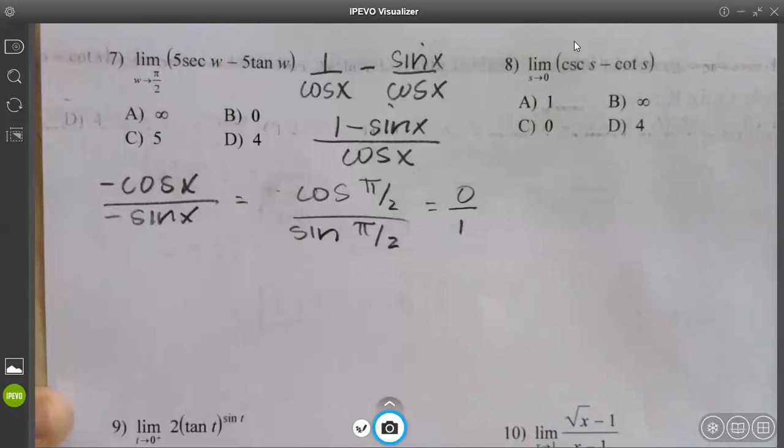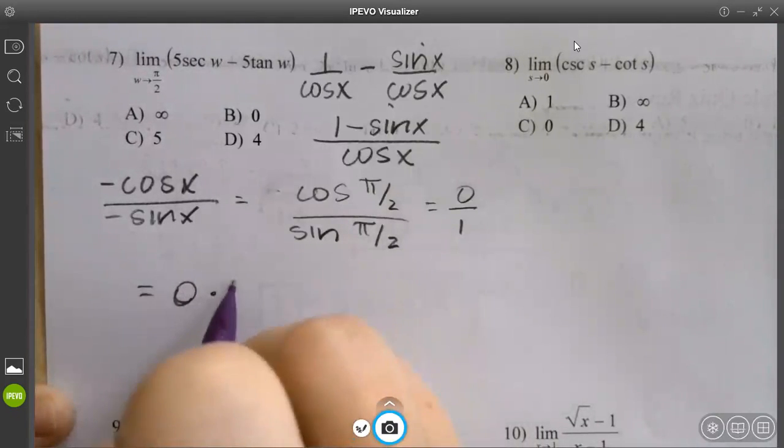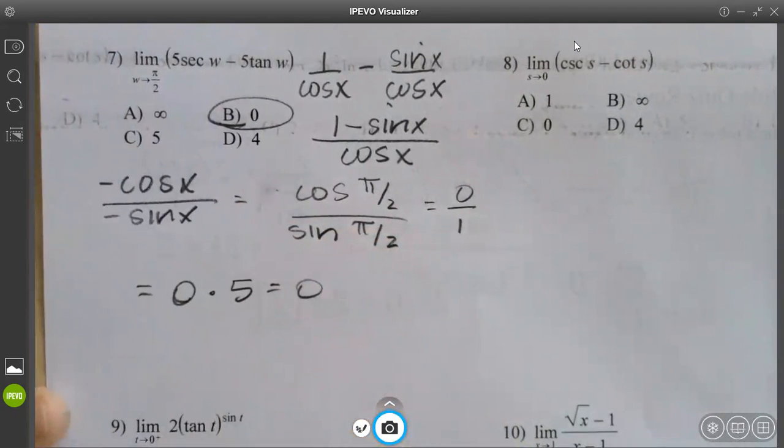We get 0 over 1, or just 0, and then what do I have to remember? Times 5. It's not going to change the answer. So it's 0. Guess what's going to happen on the next one? Same thing.